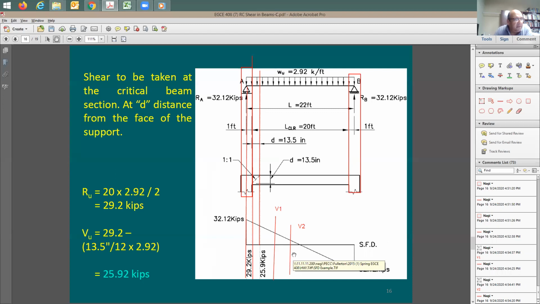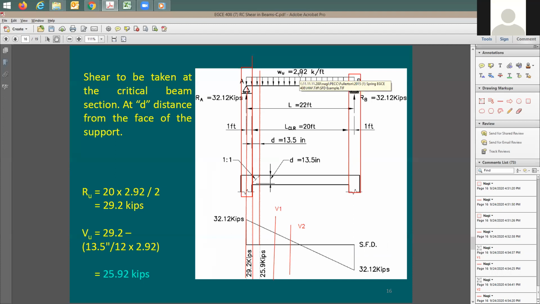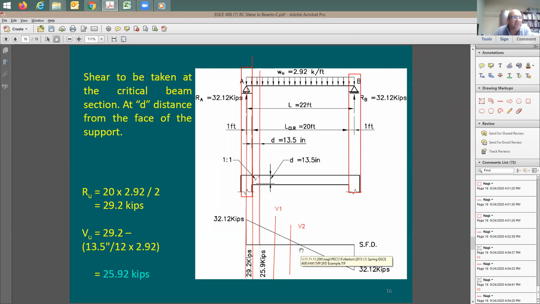This distance from here to there is equal to a foot. So how much is the change from V1 to V2? Is it 2.92 kip per foot? Exactly. Because the shear diagram shows you here the change in the shear value, and the change in the shear value is going to be based on this W ultimate. So for each foot, when you move here to the right, you're going to be reducing the shear by 2.92 kip.